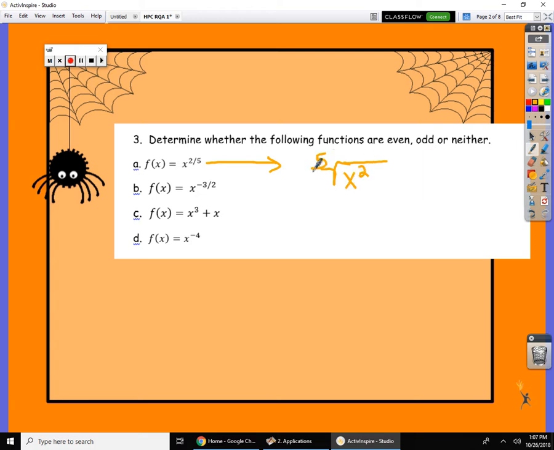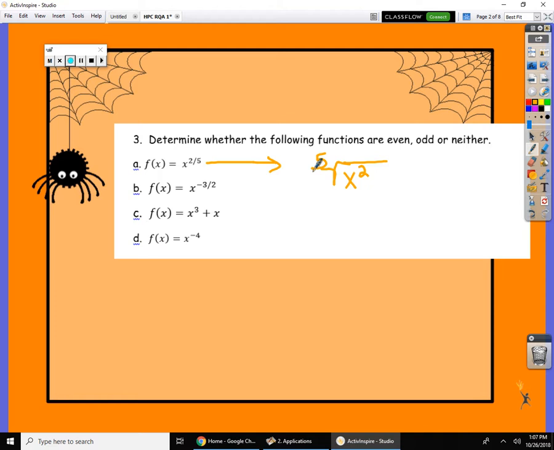Power over root. Okay? Can you repeat how we know it's odd? Odd if it's reflected over the origin and it has to go through the origin. So its center needs to be in the origin and then it has to reflect over the diagonal, either quadrant 1 to quadrant 3 or quadrant 2 to quadrant 4.